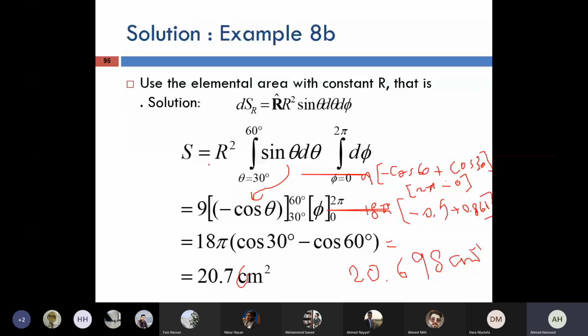If you want, multiplying by 10 to the power of negative 2 is also possible, but if you didn't multiply, then at the end you have to put centimeter. Clear?